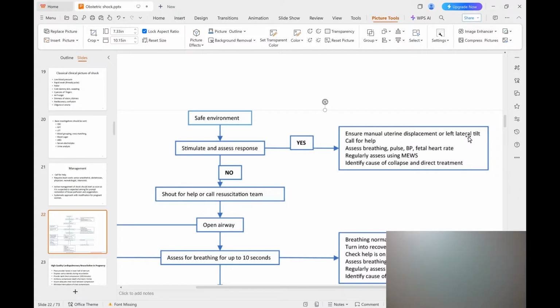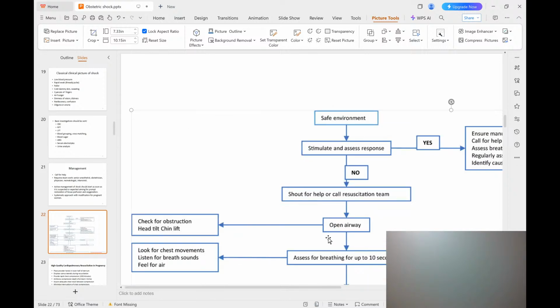And if the patient is not responding, that means the airway is also compromised. So we'll call for help. Then we'll open the airway. For this, we can check for obstruction and perform maneuvers like head tilt and chin lift.